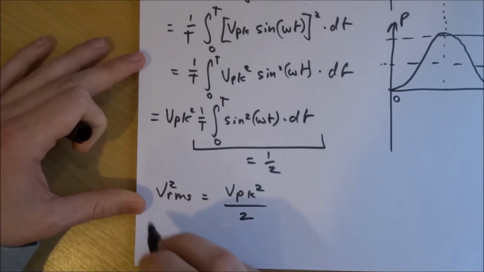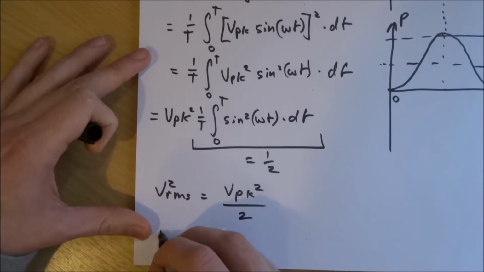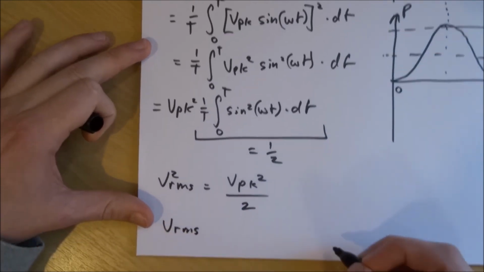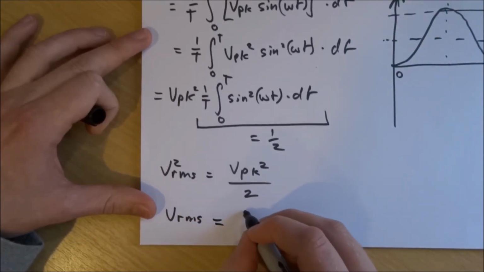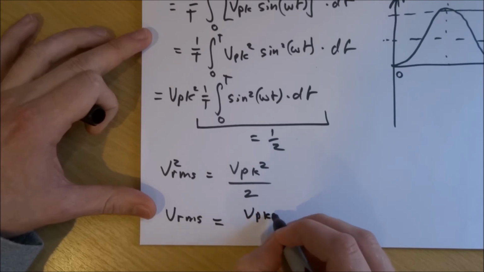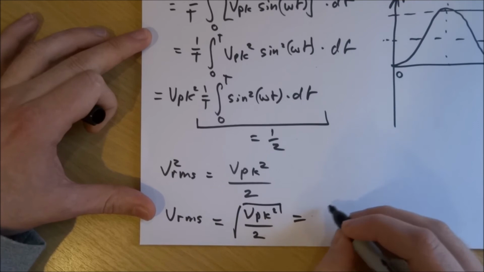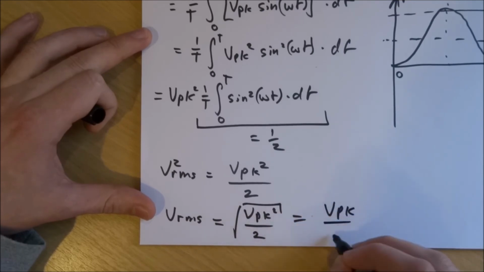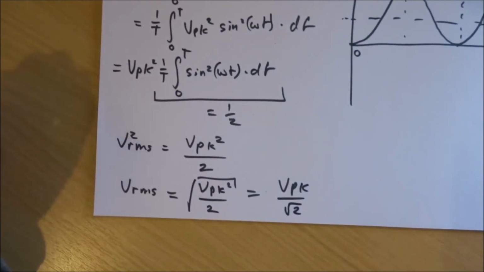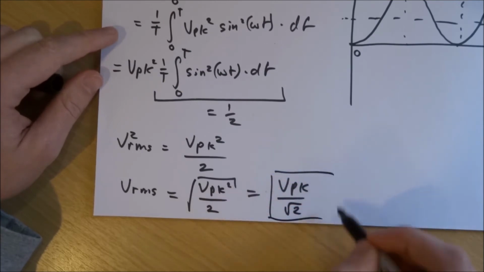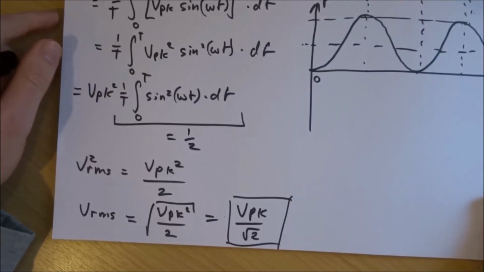So I then square root both sides to get the RMS voltage back. And that is simply equal to V peak squared over 2, all square rooted, which finally simplifies to V peak over root 2.